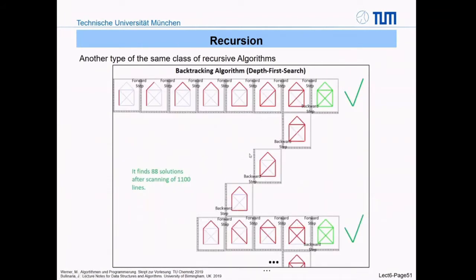Here with an output of a colorization. So you have the starting point here on the left lower corner, then you go up, right, and so on. And if you find a solution, you remember the solution, and then you go back and you try to find a possibility again.